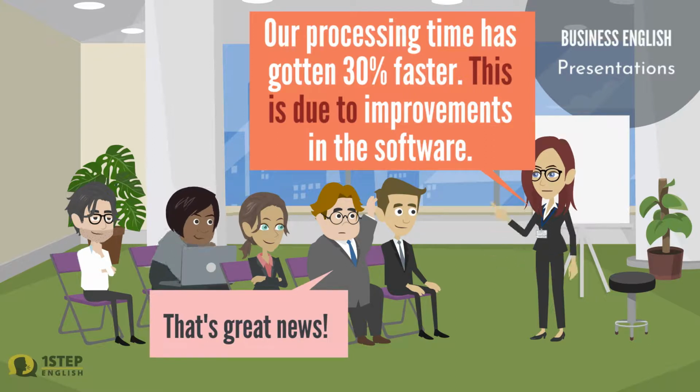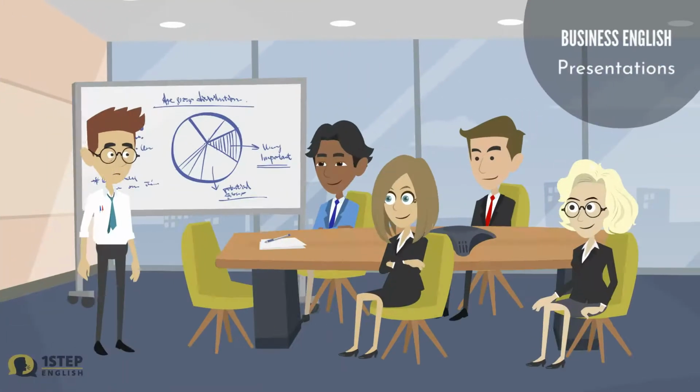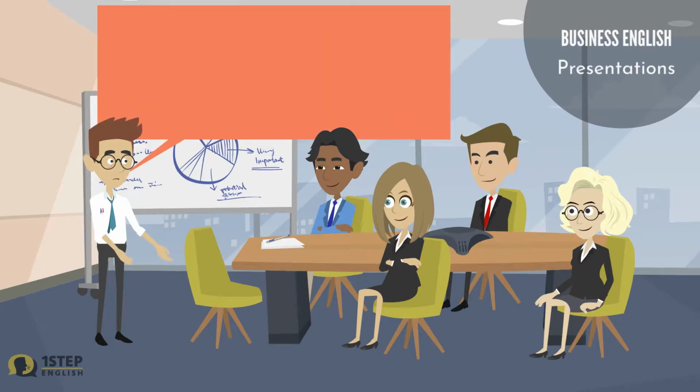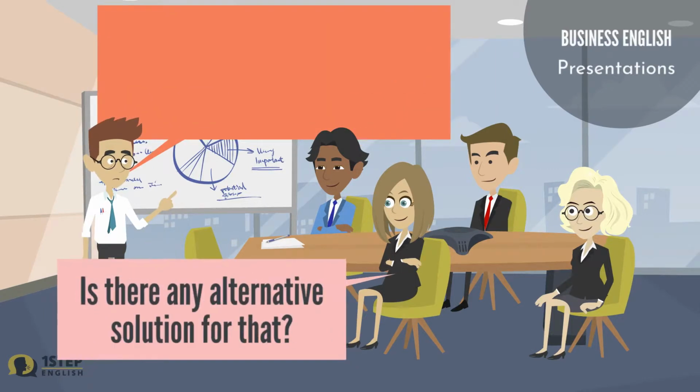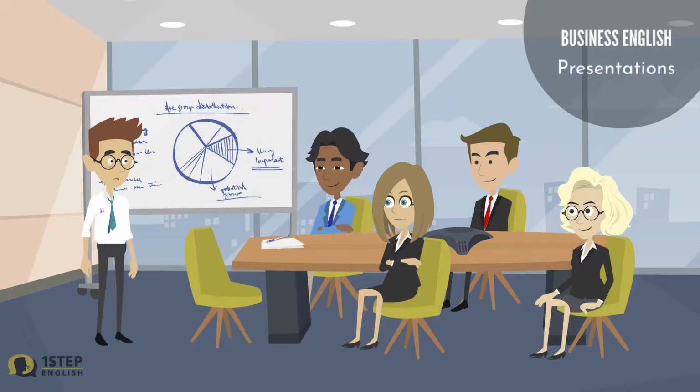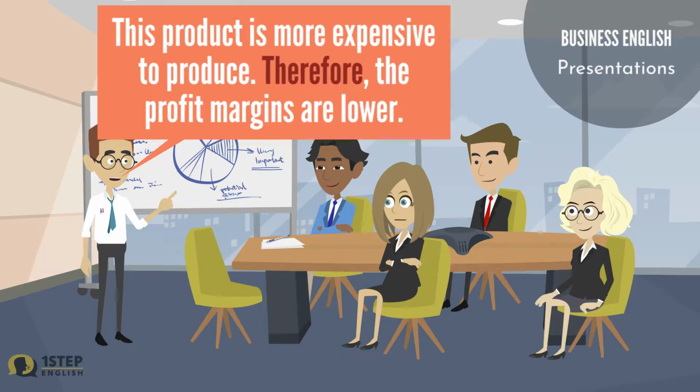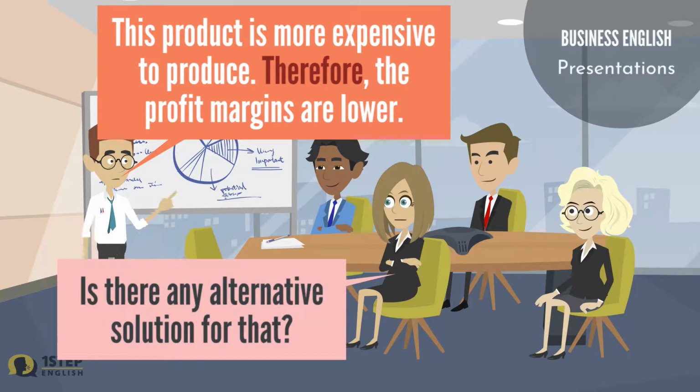That's great news. Is there any alternative solution for that? This product is more expensive to produce. Therefore, the profit margins are lower. Is there any alternative solution for that?